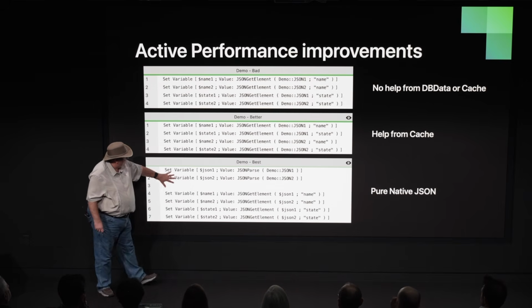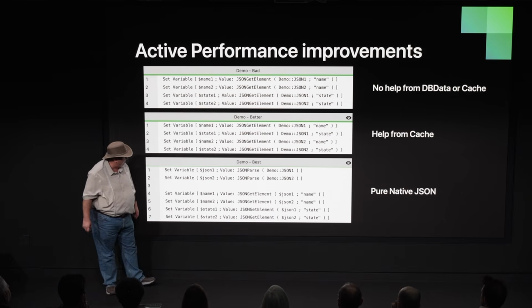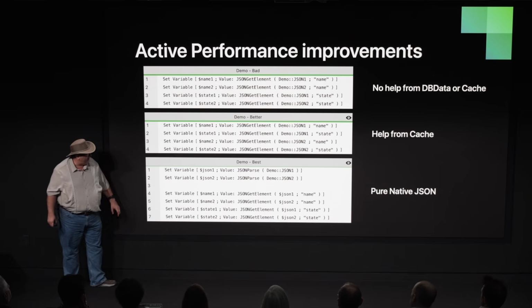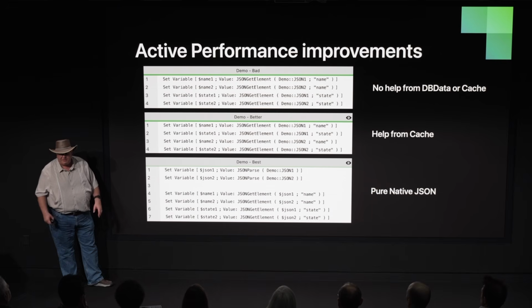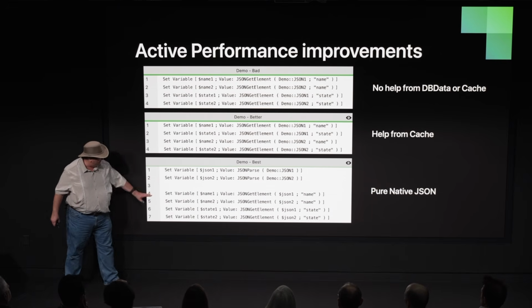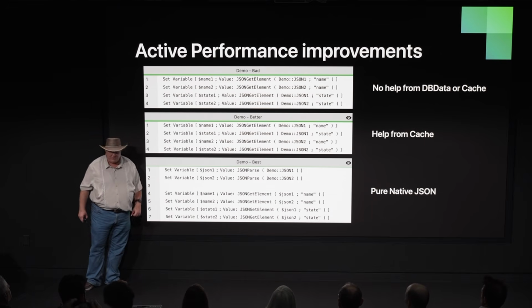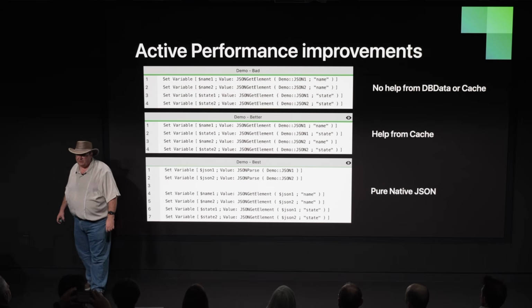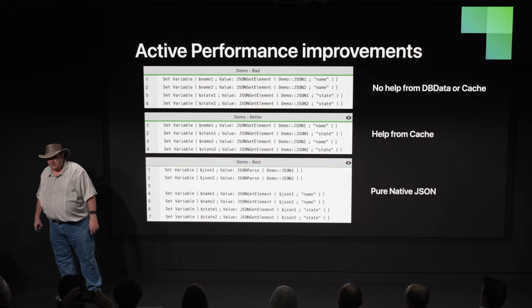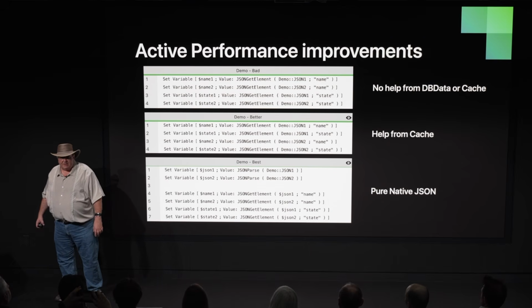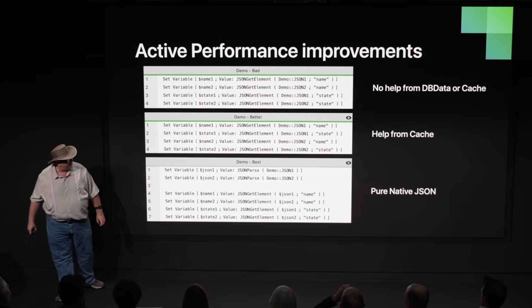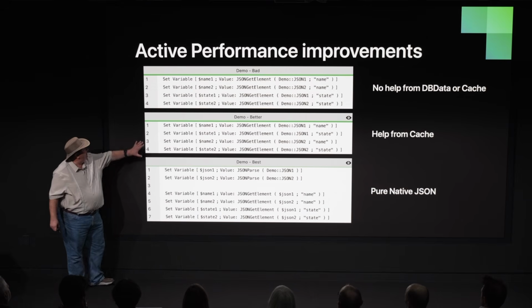So the best thing to do is get your JSON into this form, and then it'll only ever be parsed once, whether it's invalid or valid. And then it really doesn't matter what order you do these operations in afterwards, adding things to the JSON or removing things from the JSON. So that's the big key.